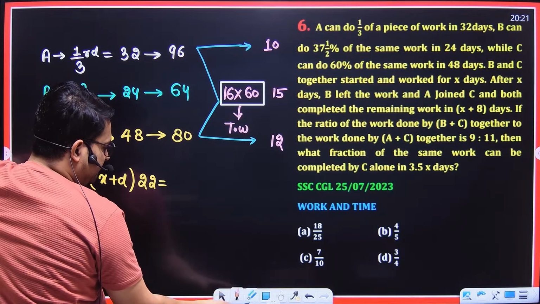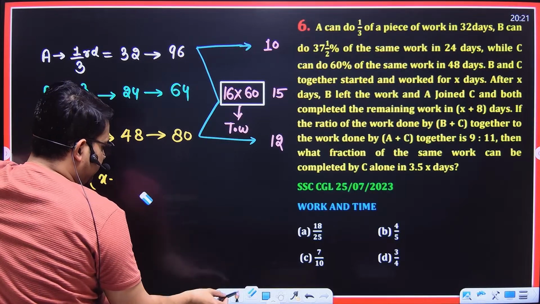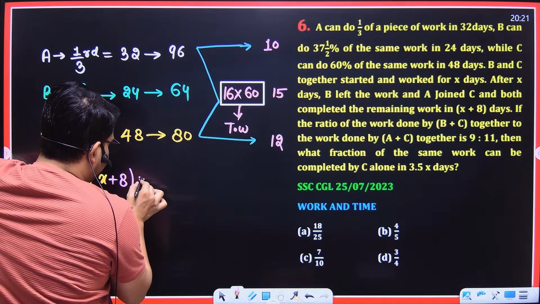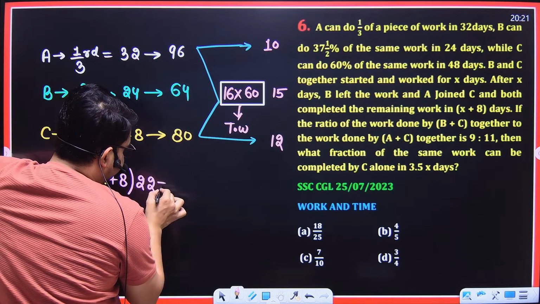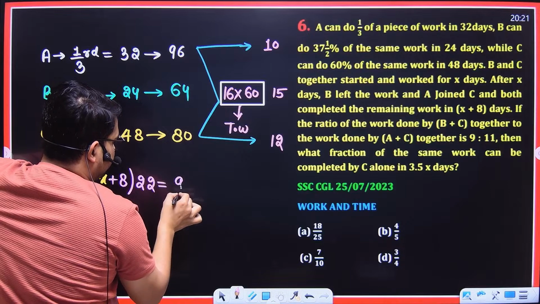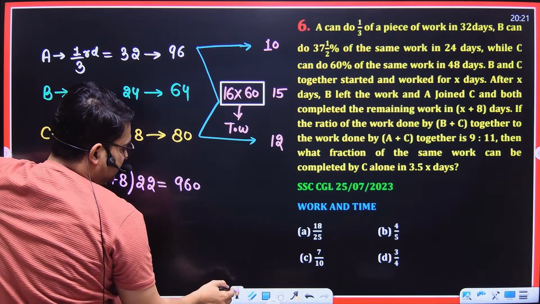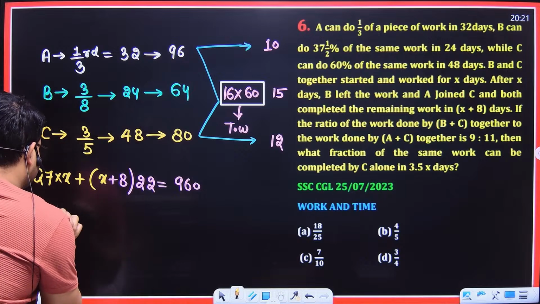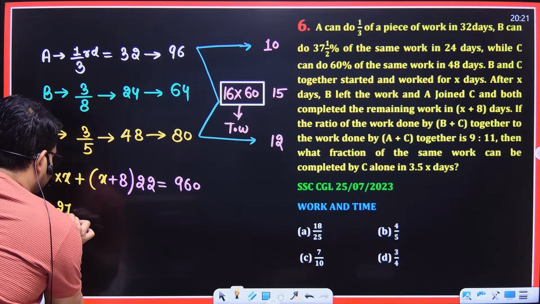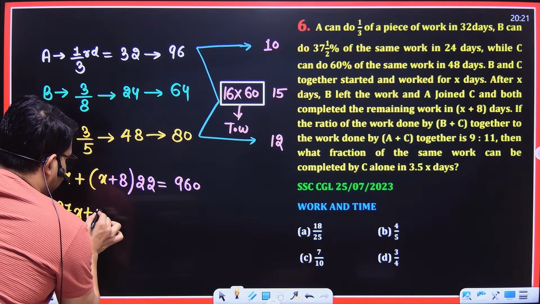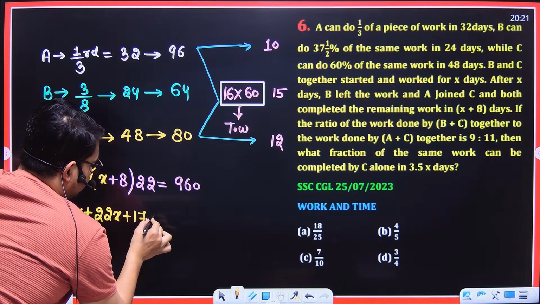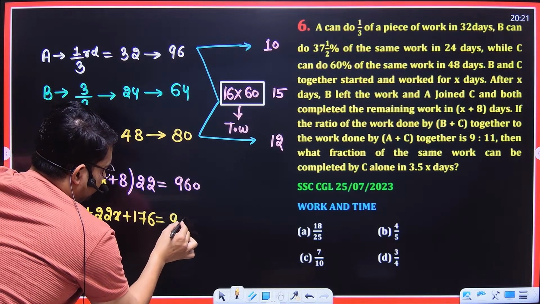So this one is my complete work, and this will be equal to 960. So we have to calculate the value of X here. So 27x plus 22x plus 176 is equal to 960.